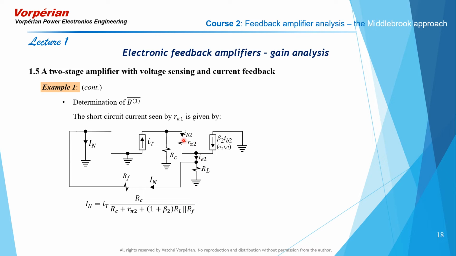Now, when we multiply the current IB2 by 1 plus beta 2, we get the emitter current, and that is divided between RL and RF to give the Norton equivalent current.